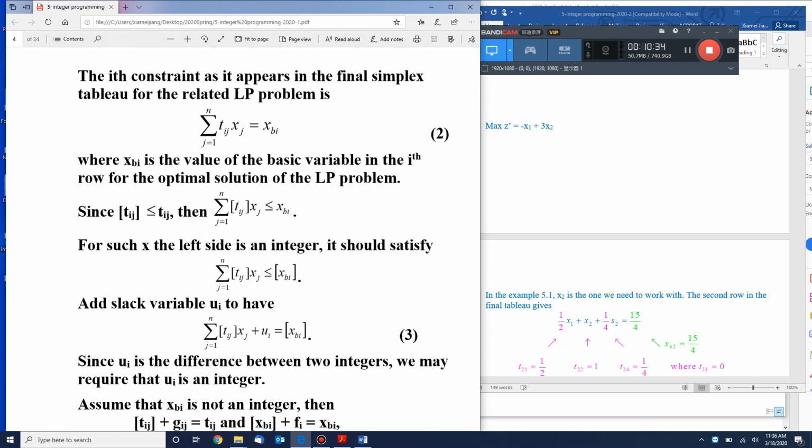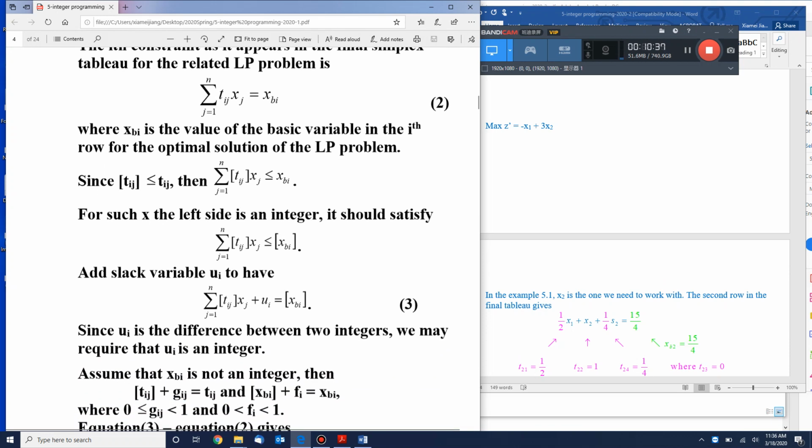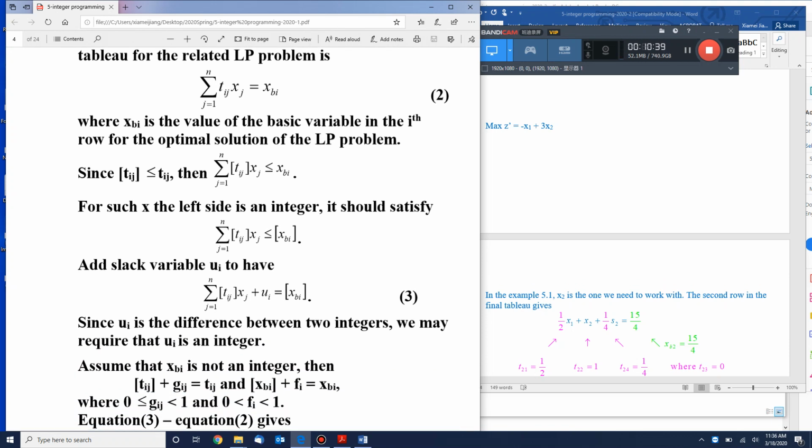And then here we know [tij] is the largest integer less than or equal to tij. So we use gij to represent the fractional part of tij. Therefore tij equals the largest integer not exceeding tij, plus the fractional part gij.